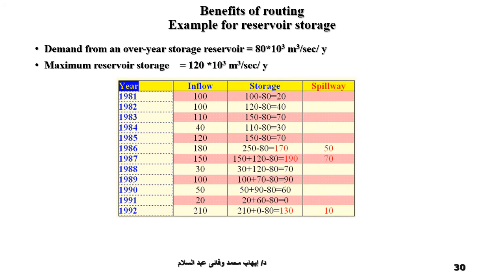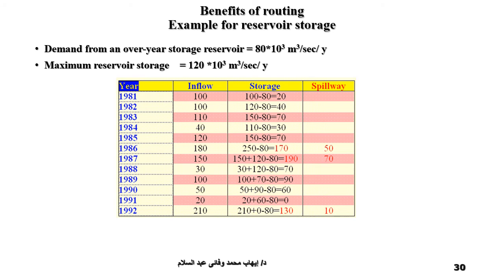Benefits of routing. Example for reservoir storage. Demand from an over-year storage reservoir is 80 multiplied by 1000 m³ per second per year. Maximum reservoir storage is 120 multiplied by 10 cubic meters per second per year. There are years from 81 to 92 with inflow, storage and spillway.